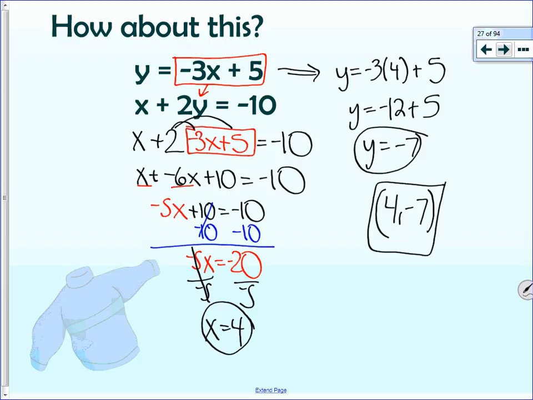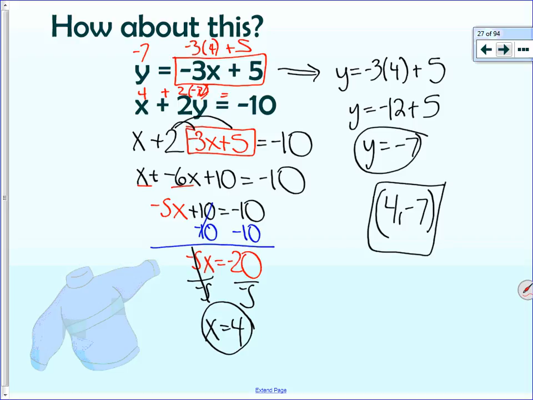Any questions? Then we can check, make sure it works. Does negative 7 equal negative 3 times 4 plus 5? And does 4 plus 2 times negative 7 equal negative 10?